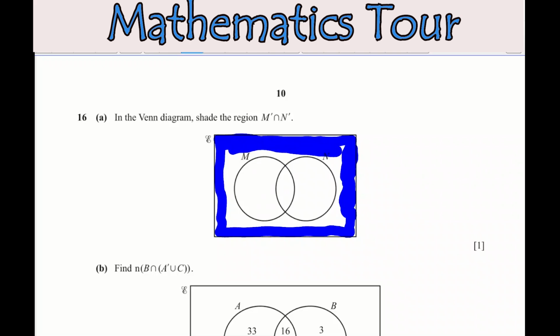So you need to shade everything, like this. Actually, it's somehow fun.